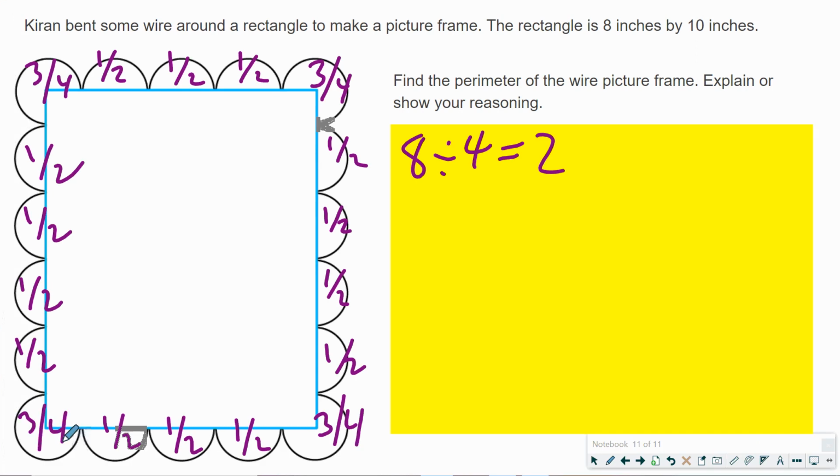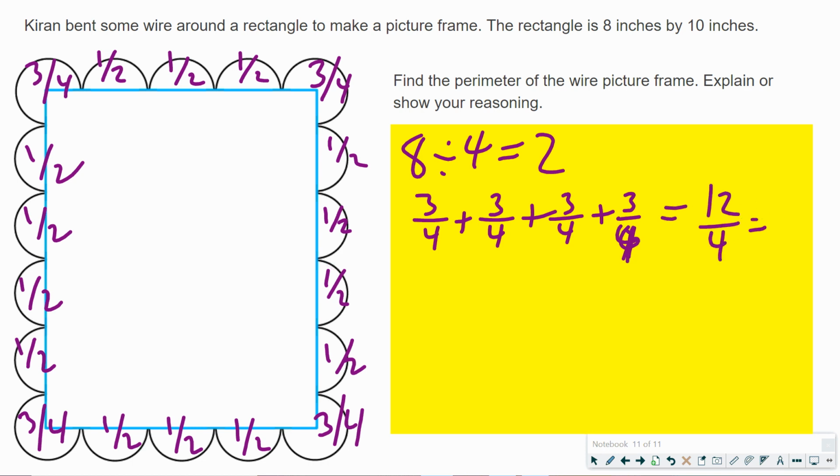So I have 4 3/4, which is 3/4 plus 3/4 plus 3/4 and 12/4, which equals 3. So I have 3 full circles, and then I have 1, 2, 3, 4, 5, 6, 7, 8, 9, 10, 11, 12, 13, 14 halves, or 7. So plus 7. So I have 10 total around.